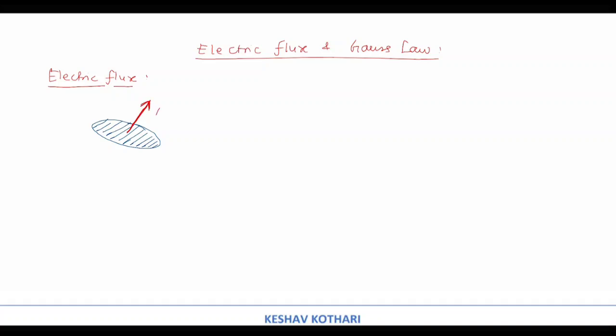So we are considering this as the area vector and the electric field is in this direction. We are considering this as the electric field E vector, which is making an angle theta with the area vector. So the value of electric flux is written as E dot A, which can be written as EA cos theta. So this is the value of electric flux which we have.